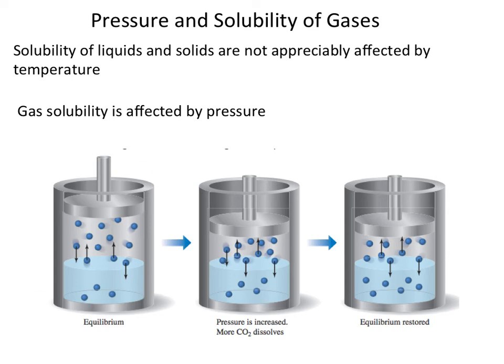So everything's going to shift in order to reestablish that original concentration. In order to create the same concentration values we had before, more gas is going to dissolve into the liquid. And eventually, equilibrium will be re-established, and you'll have a more concentrated solution with respect to that gas.